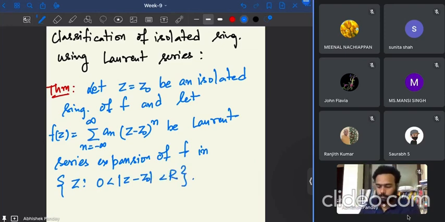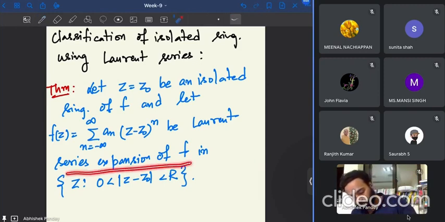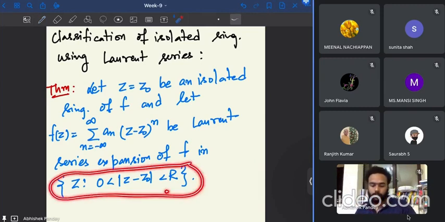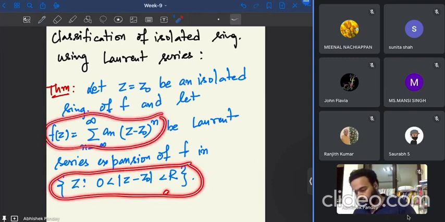Since z naught is an isolated singularity of f, it has a deleted neighborhood where f is analytic, and since f is analytic there, it has a Laurent series expansion.